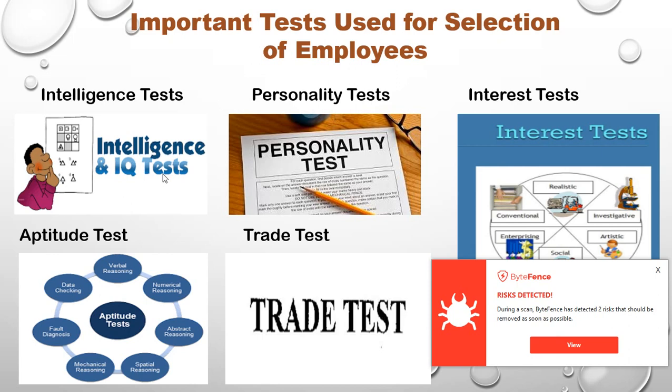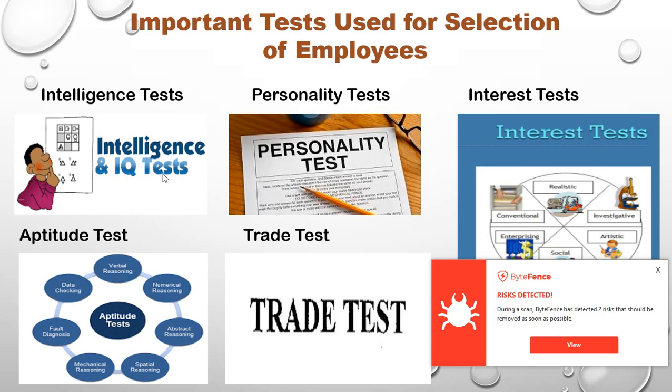These tests are taken so that one can evaluate how people think or how they interpret the following decisions or problems of the organization. What would be their reaction? In this intelligence test, we check the IQ of that particular person so that it becomes quite easy for the organization to select the employee.